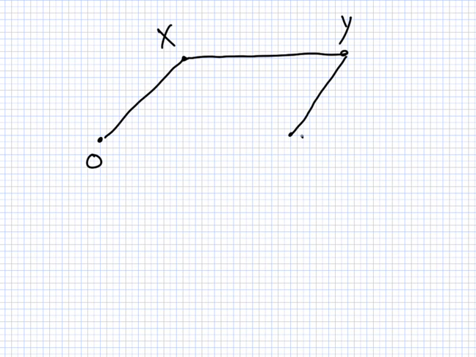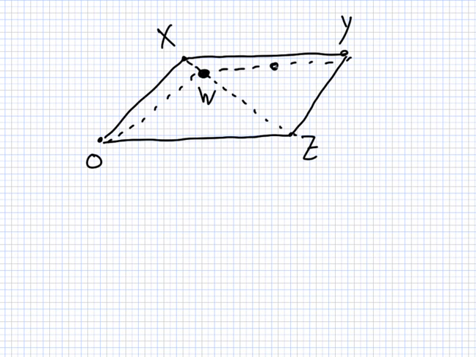So if we were to have a look at 2, we have the origin O here, point X here, point Y here, point Z here, and then there's a straight line going there, and then another line going here. And this point here is W, and there's a point here M. And I tell you that M is the middle.